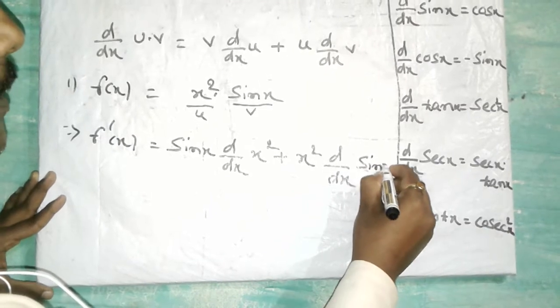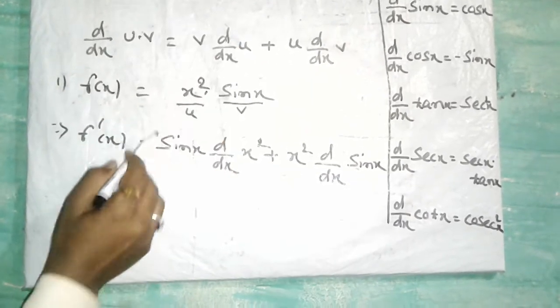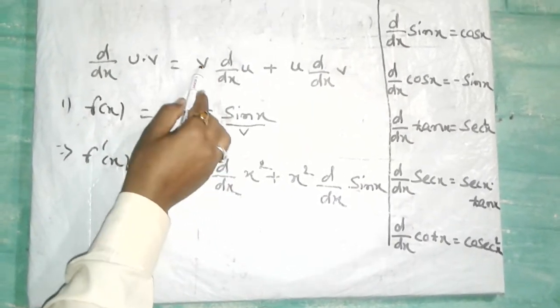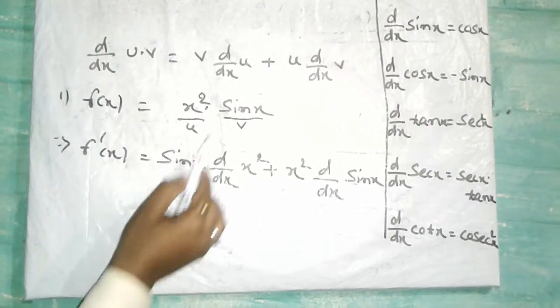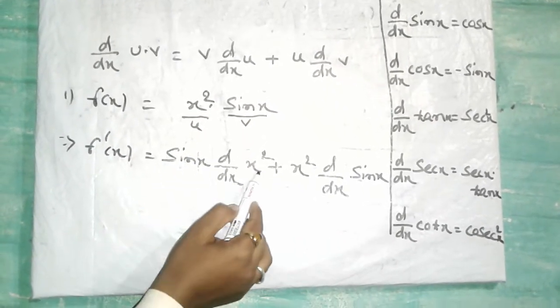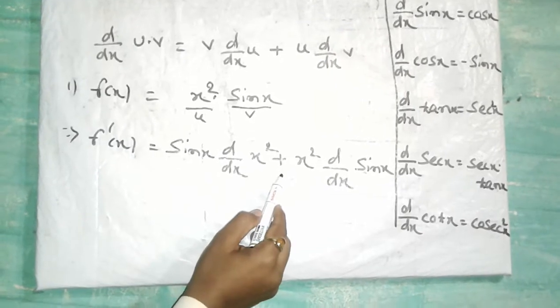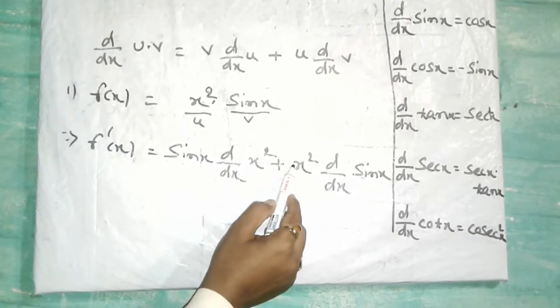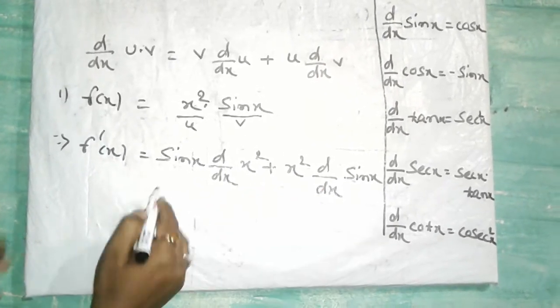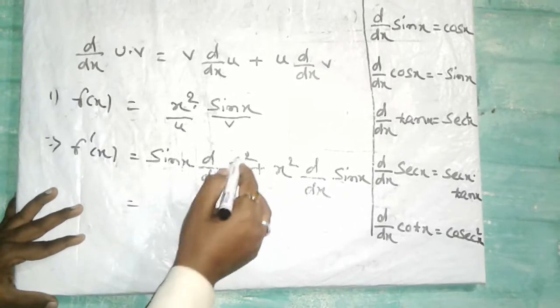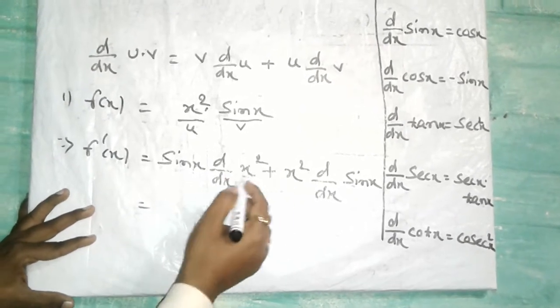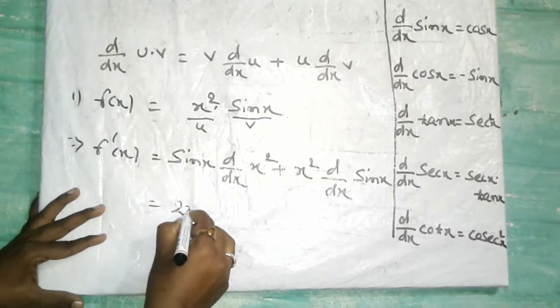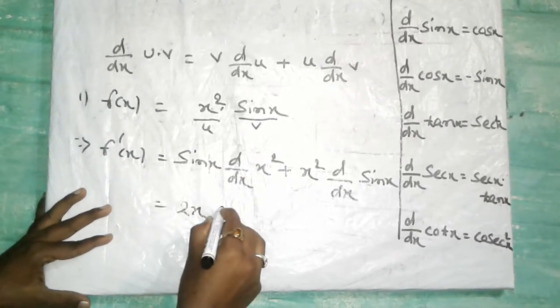This is very important to remember this formula. Again I am telling you what we have to do: write the second function sin x, then the differentiation of the first function, plus this time write the first function and then the differentiation of the second function. So what is the differentiation of x square? It is 2x, and with that there is sin x.